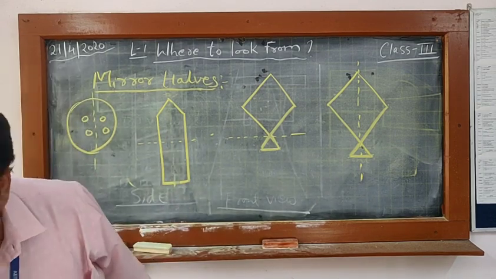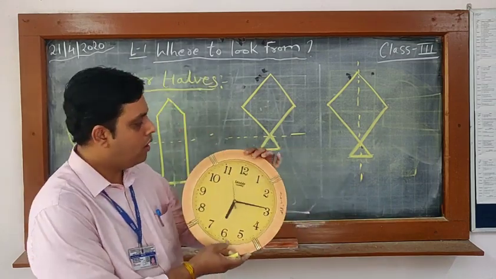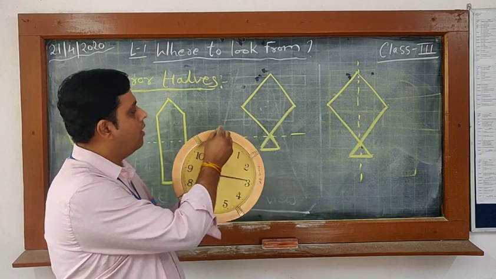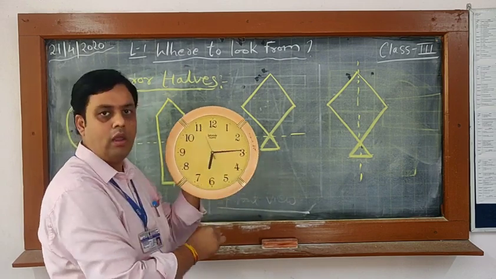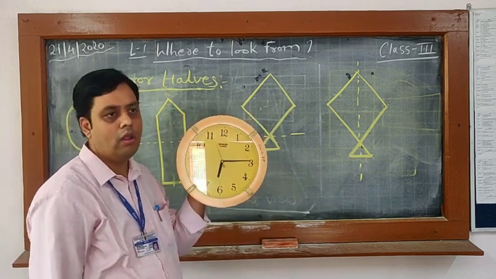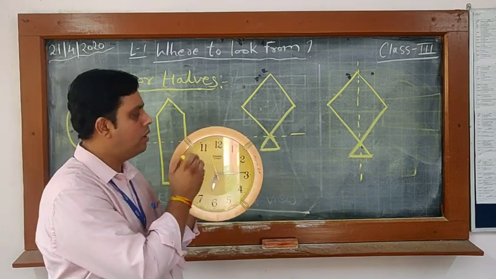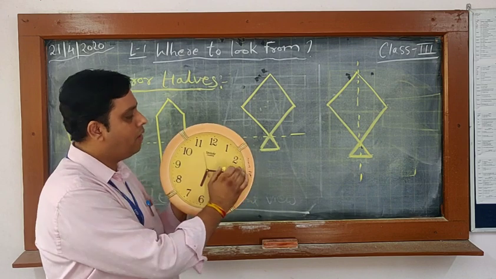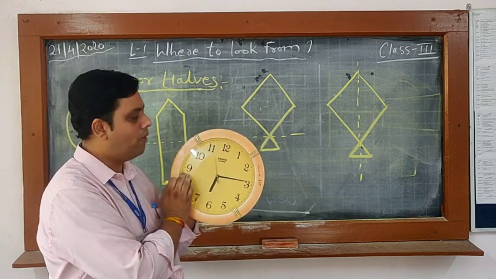See, one clock is there. It is just like a circle. If I divide from the middle, will it be mirror half or not? If we see the shape, it will be mirror half. But it is a clock and numbers are also given.